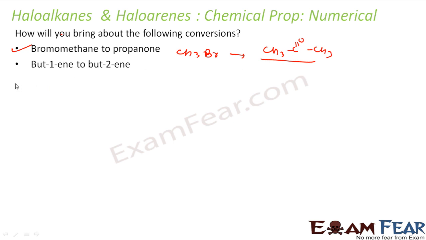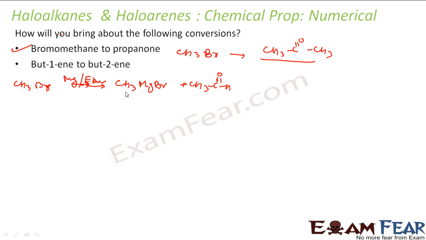So let's see this, CH3Br. Let's react with magnesium in presence of ether, and you get CH3MgBr, right? And then on this you add CH3CHO.